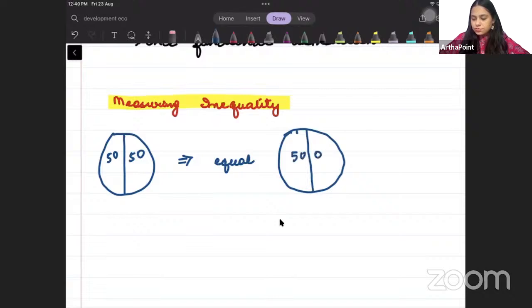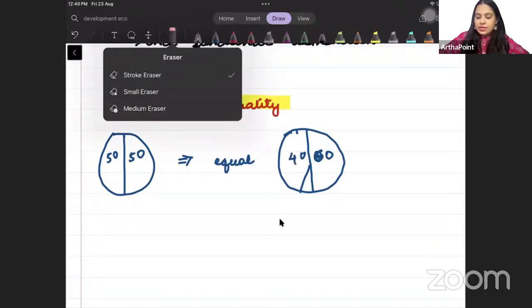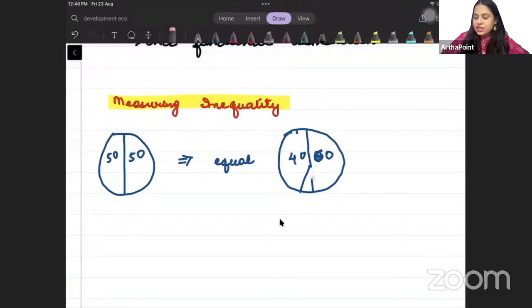Now I increase the portion of one person to 60 and decrease the portion of the other person to 40. Then I know that this is a bit of an unequal distribution, because here one person is getting 60% of the cake and the other is getting 40. This is unequal, of course. But the question is to understand what is unequal.